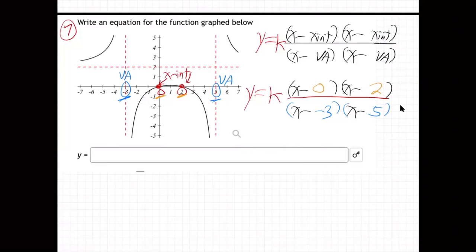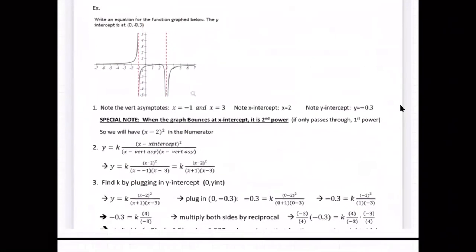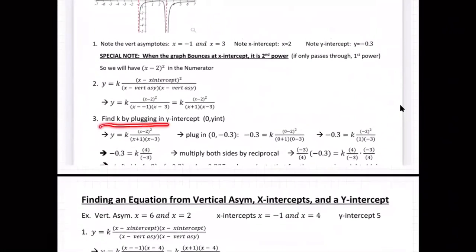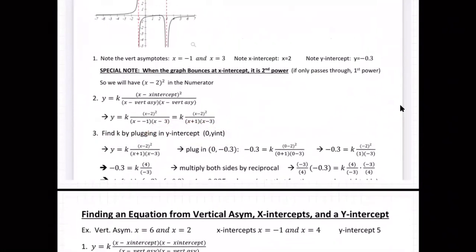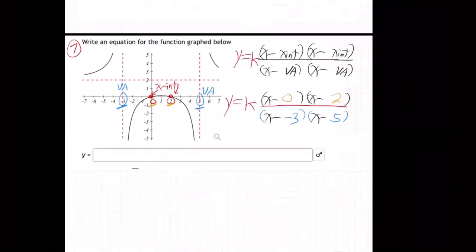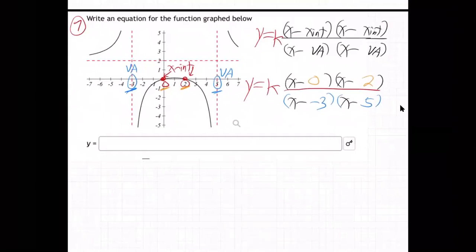That's basically what we have left to do. Well, let's go back to the notes here. Find k by plugging in the y-intercept. So what's the y-intercept?